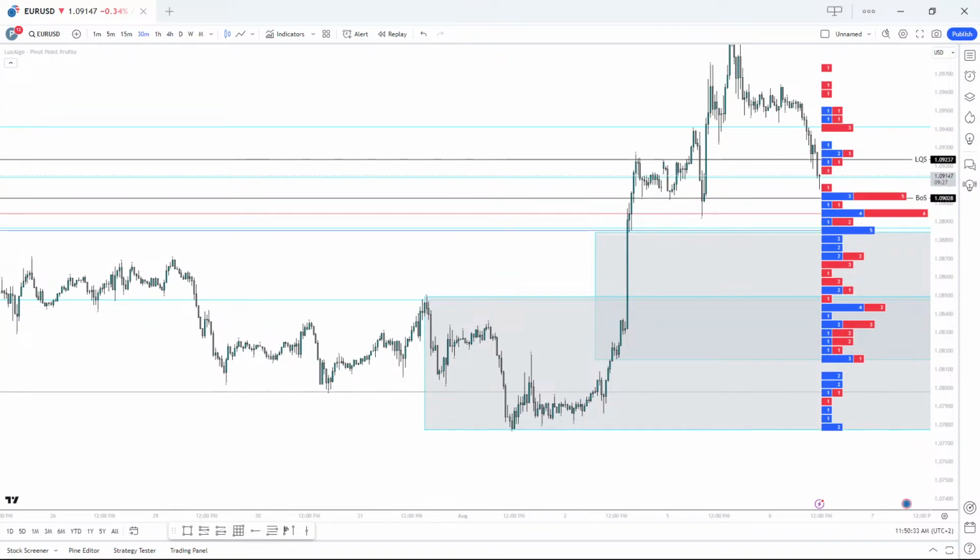Liquidations. Okay, this one sounds cool. Liquidations, let's take a look at this. Liquidations indicator. The liquidations indicator is a powerful tool designed to help traders identify significant liquidation levels in financial markets.